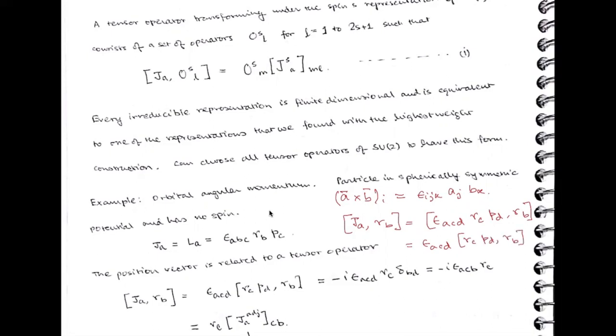Now what we want to do is figure this one out. r_c with r_b is always equal to 0.